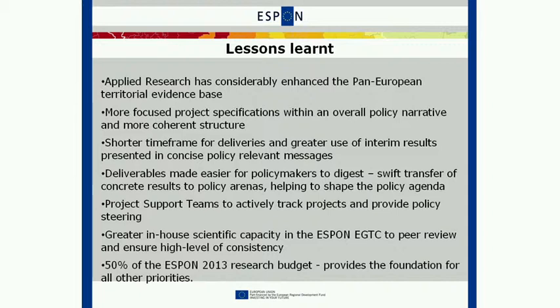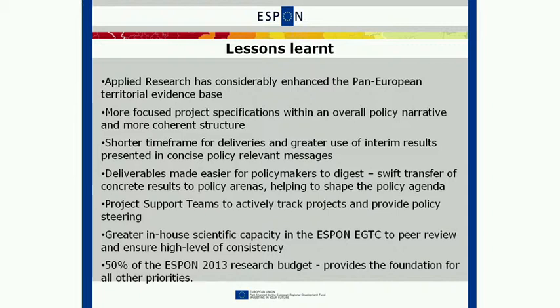It's obvious that with the scope and the breadth of research that we've undertaken, we have developed a very significant pan-European territorial evidence base. But there's always room for improvement, and obviously one of the most relevant improvements that we need to make, and it's something which was outlined again this morning, is that we need more focused project specifications.